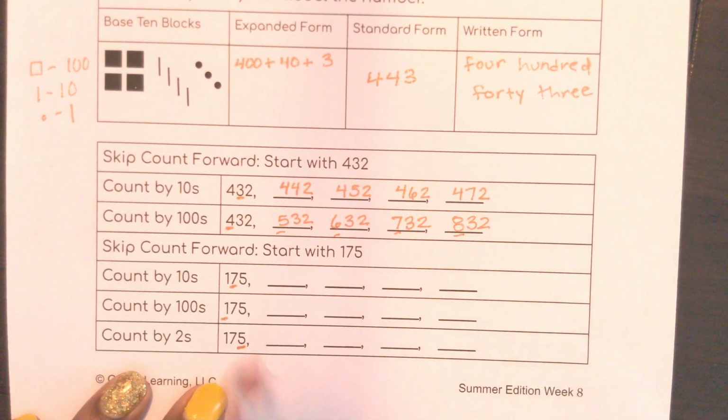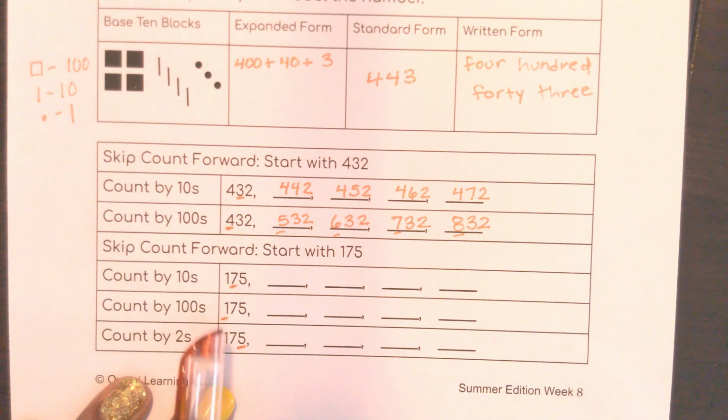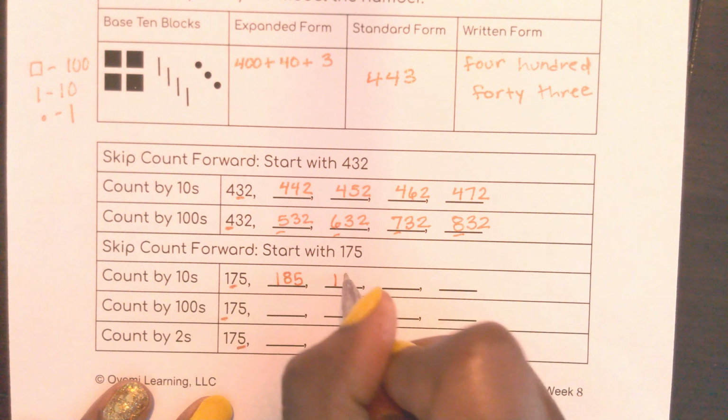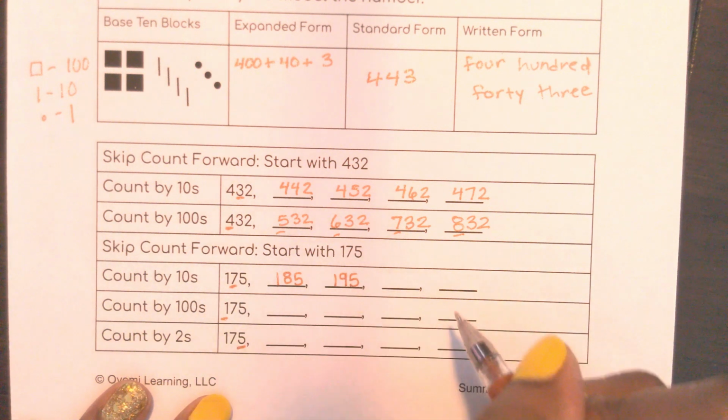Now I have a different number, and I'm going to count by tens, which we've done, hundreds, which we've done, and here I'm going to start counting by 2. So here, 185, 195.